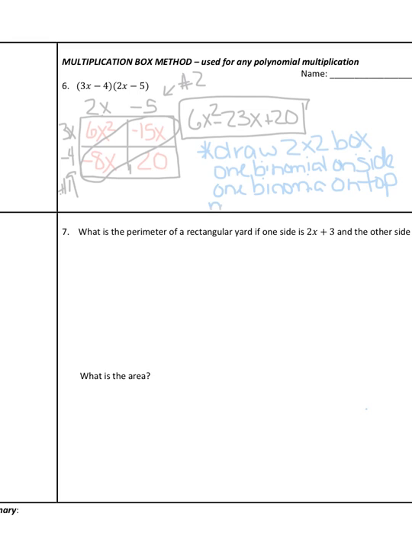And then multiply into the box. So that's how you use the multiplication box method to do this. It's just an area model of this multiplication.